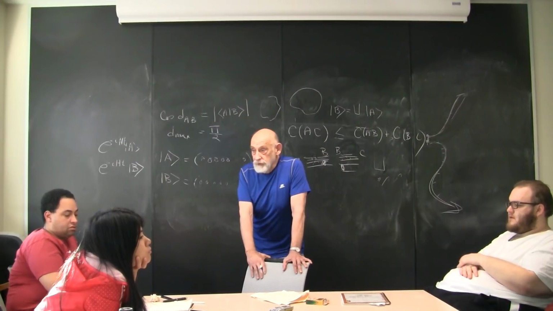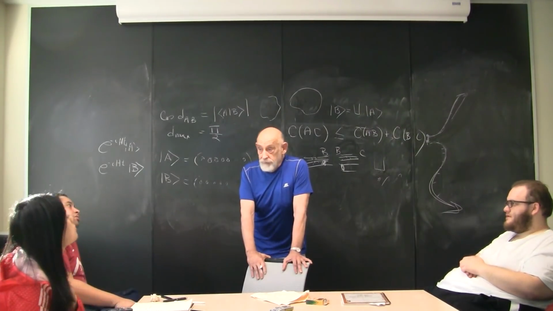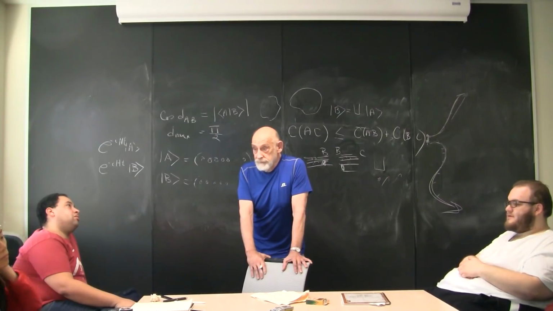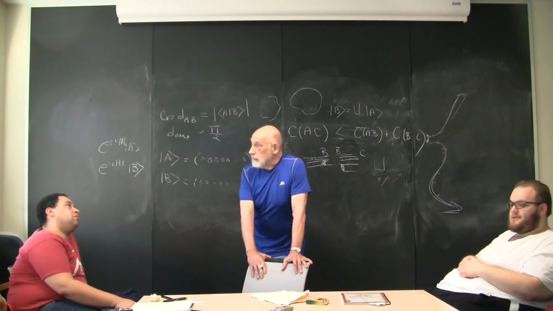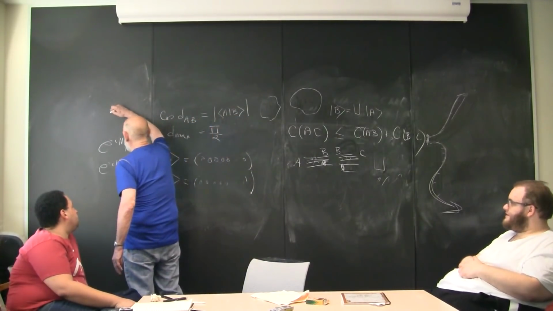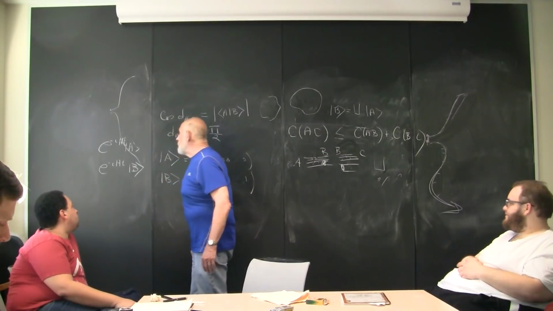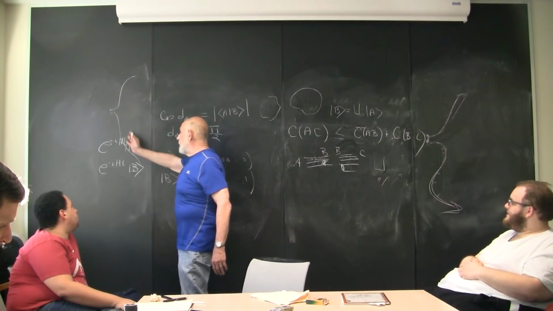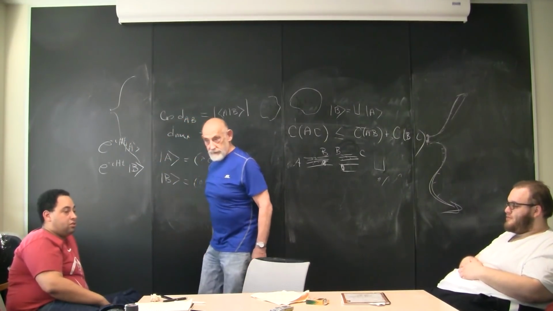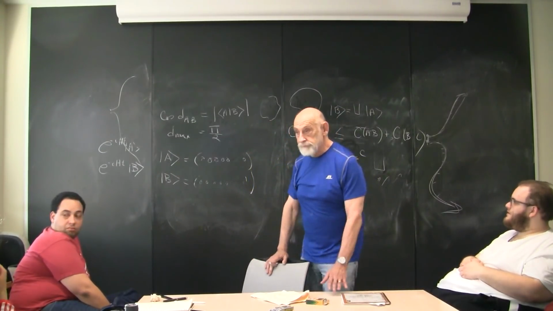The things that generate large complexity are chaotic Hamiltonians. I drew a picture for you that looked like this. Integrable systems tend not to do that, and they just tend to oscillate around something.